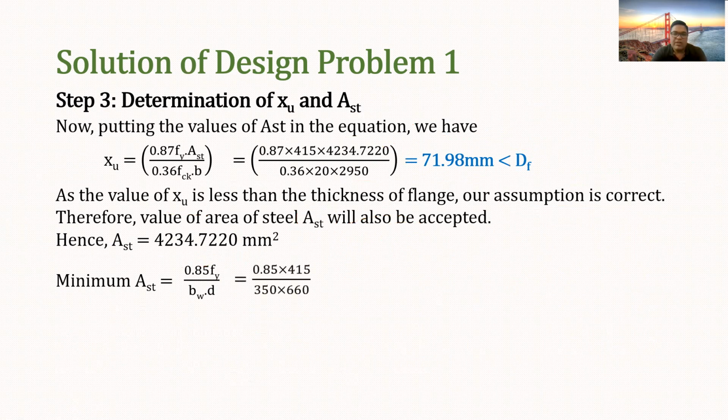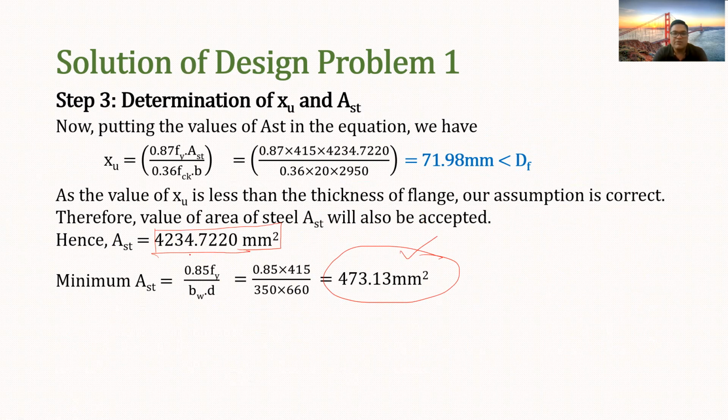Putting all the values here, we get the minimum area of steel as 473.13. Our required area of steel is more than the minimum required, so it is okay.